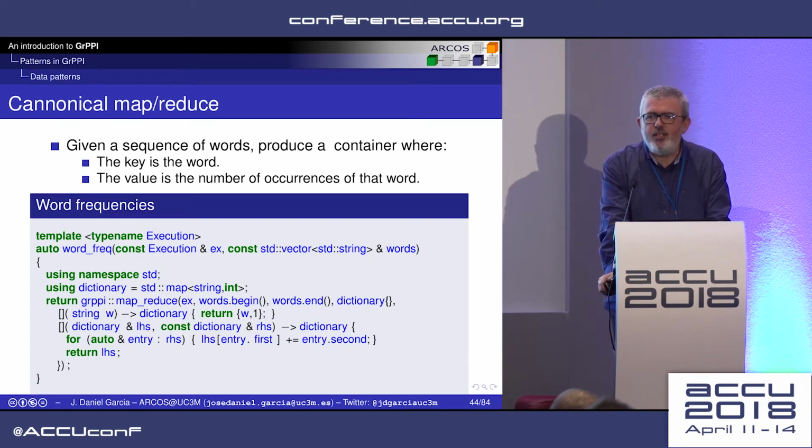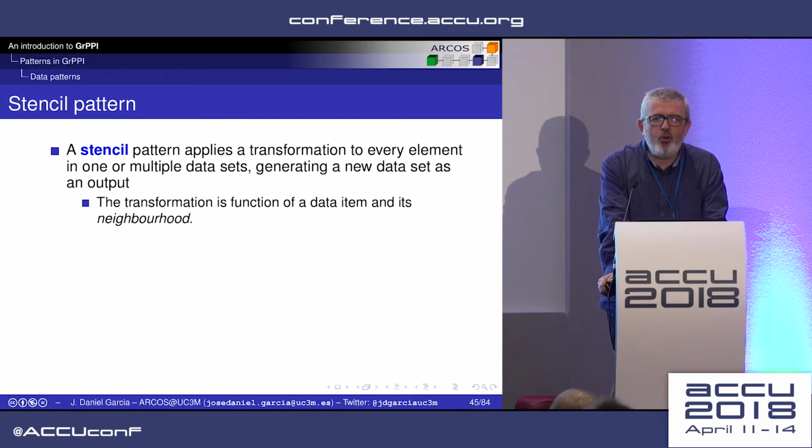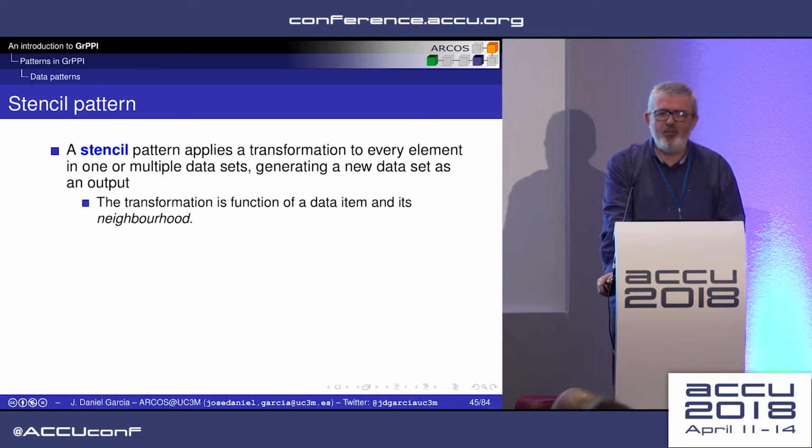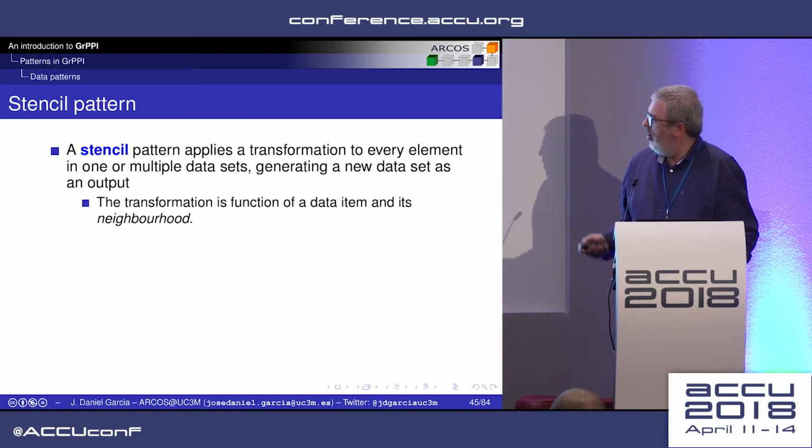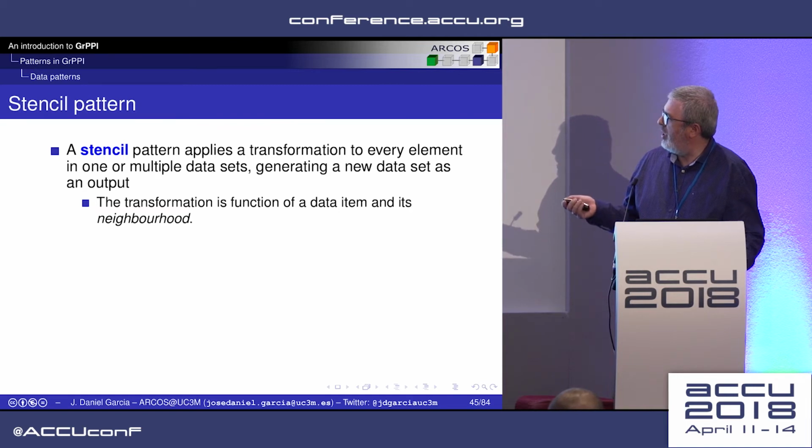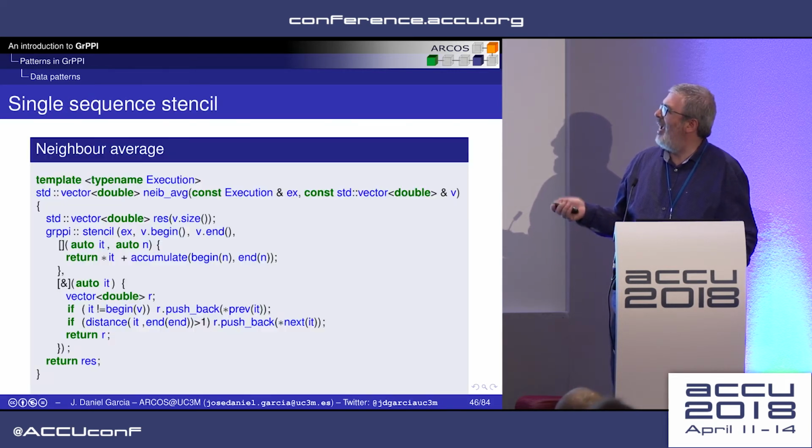We have also, and this you don't find in the parallel STL, the stencil pattern. The stencil pattern is quite similar to the map, with the difference that you use in your computation not only the element of interest, but also some values in the neighborhood, by some definition of neighborhood. So we do it with stencil: you pass the range, and then you have your function that takes an iterator and a neighborhood and performs the computation.